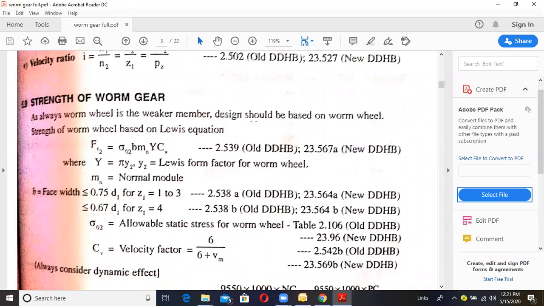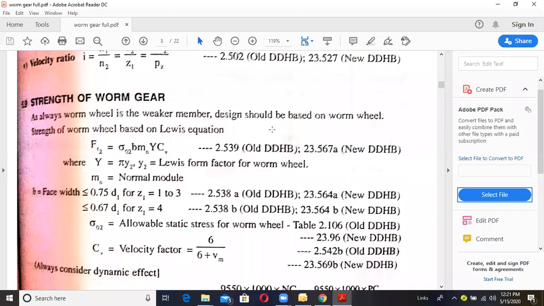Okay, sir. So here, next is strength of worm gear. Understood? So tell me, in spur gears, are you designing for the pinion or for the gear? Both. Gear, sir. Why will you design for the gear?